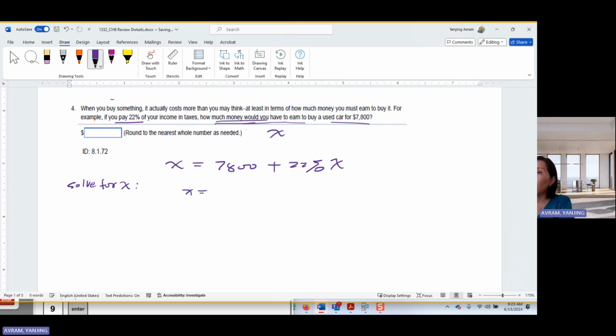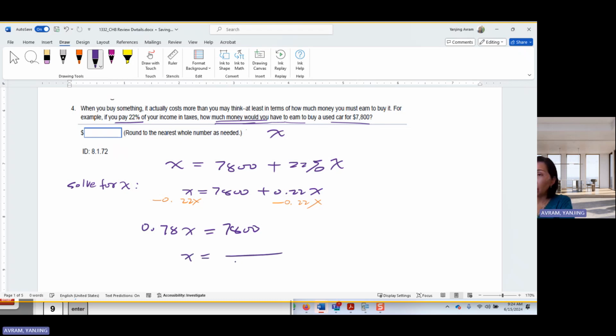We can convert this into decimal point, so 0.22x, and then we subtract this on both sides. Now that gives us 0.78x equal to 7,800.